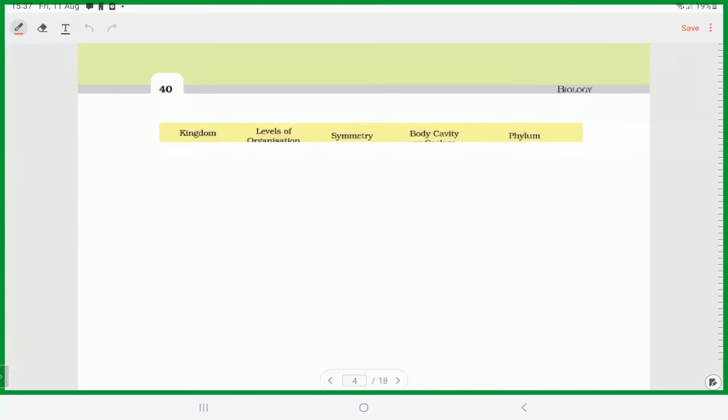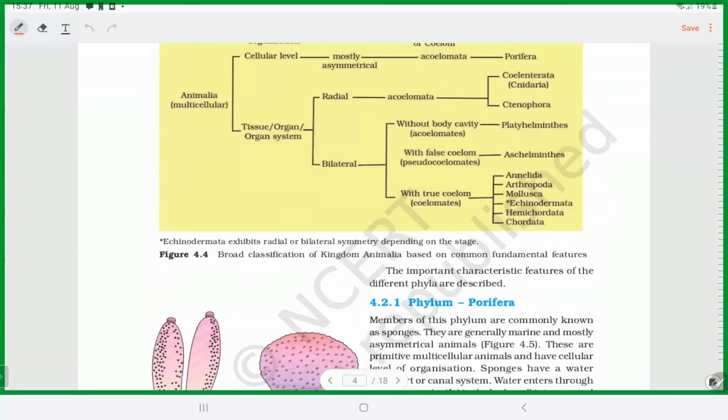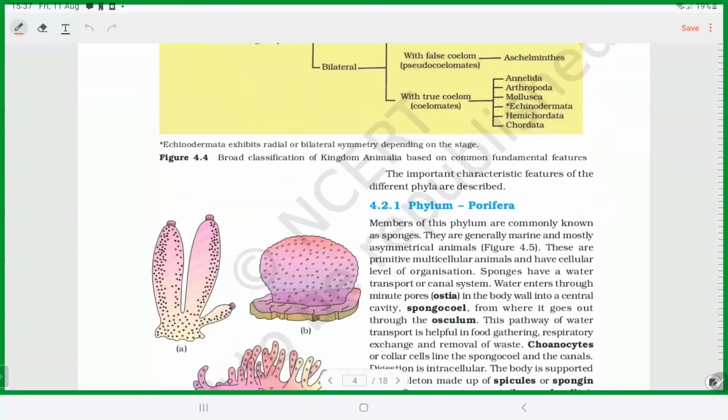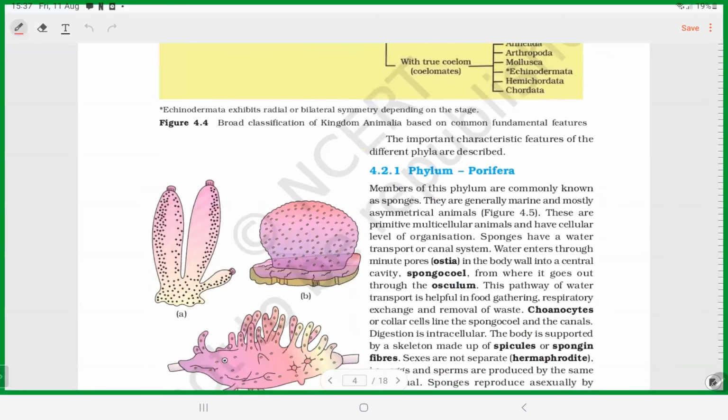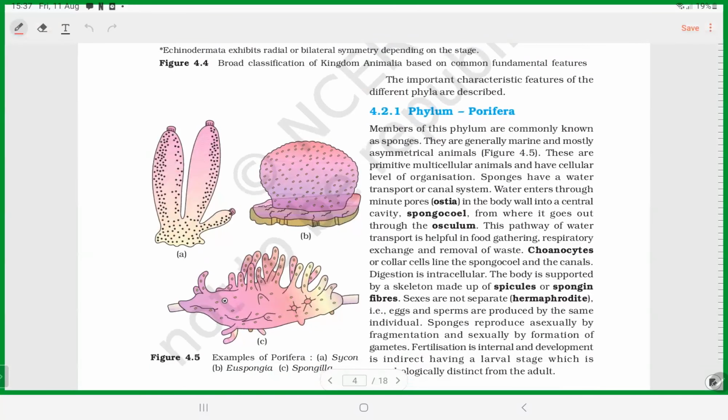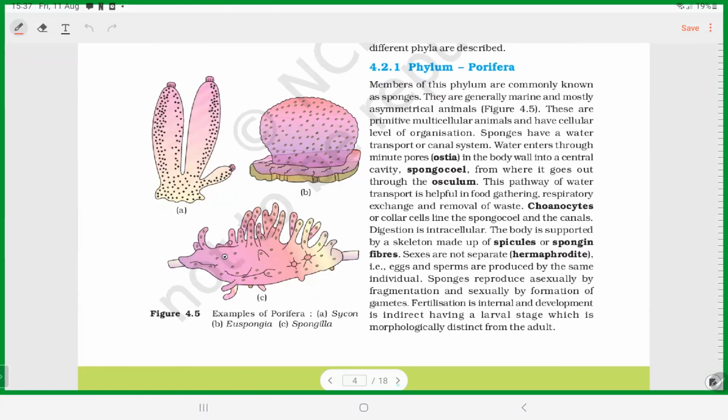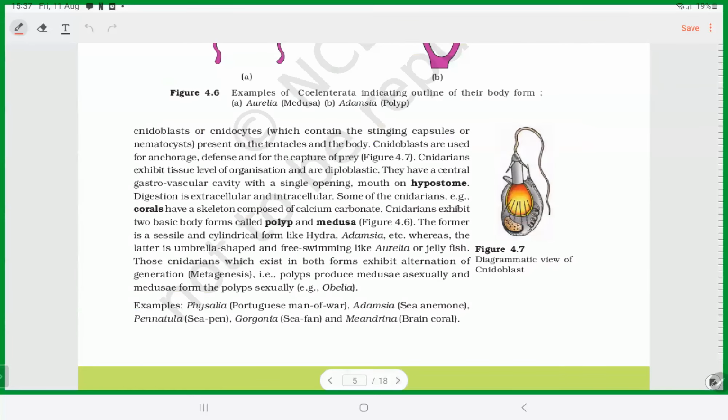In general, sponges come under Porifera. And then we discussed the special cells present in the body that perform different functions, and their mode of reproduction, all these things.